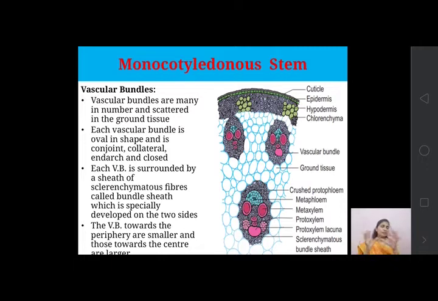Differentiate the monocotyledonous stem from the dicotyledonous stem, and the monocotyledonous root from the dicotyledonous root, and in our next lecture we will discuss it. Now only one part, the monocotyledonous leaf, remains, and we will discuss it in our next lecture too. So do your homework and write down the difference between these two.